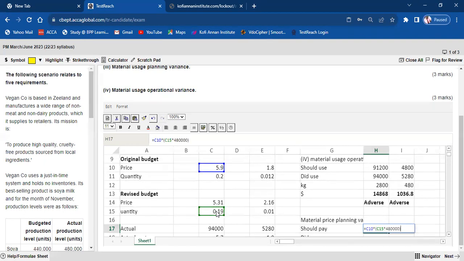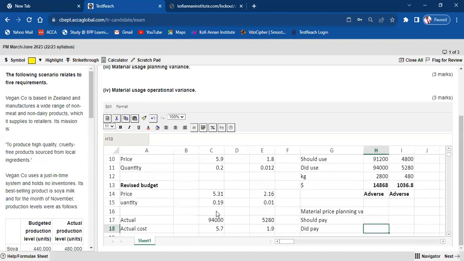This is a lot of number crunching. 5.9 should have been paid for each one of the 0.19 kg times 480,000 units used. Why did nothing pop up? Let me do that again.